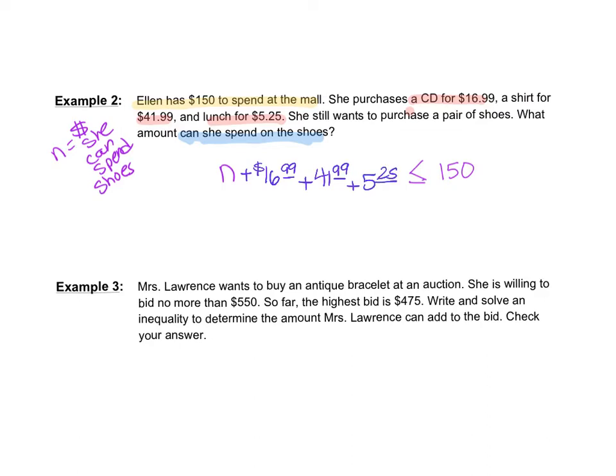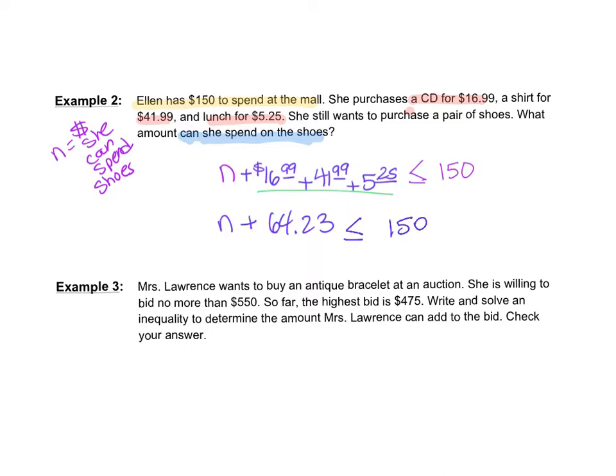If we simplify this, we know that the amount of money she can spend on shoes plus the total amount that she has spent so far, which if you add it all up, $16.99 plus $41.99 plus $5.25, is $64.23. That amount together, the amount she spends on shoes plus the amount she already spent, has to be less than or equal to $150.